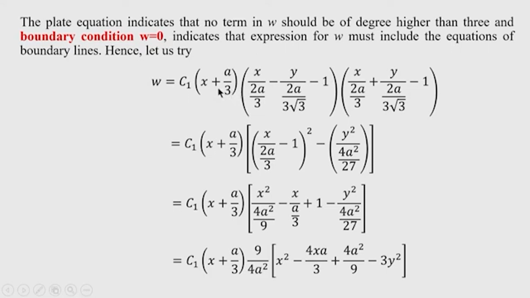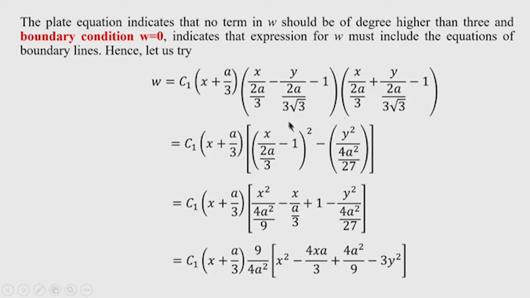So, you see that the equations of the three sides of the triangle are written here and multiplied with an unknown constant c. Because of this type of expression, you can see that W equal to 0 is immediately satisfied. There is no doubt about that, because at the boundary this expression has to be 0, this expression has to be 0, this expression has to be 0.